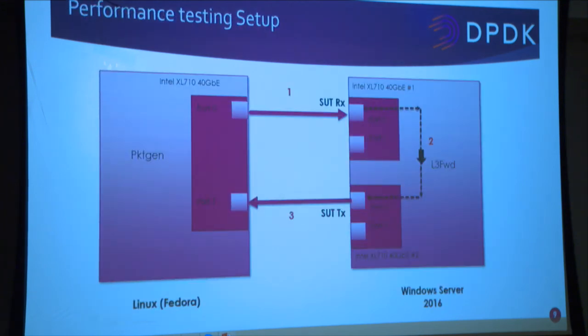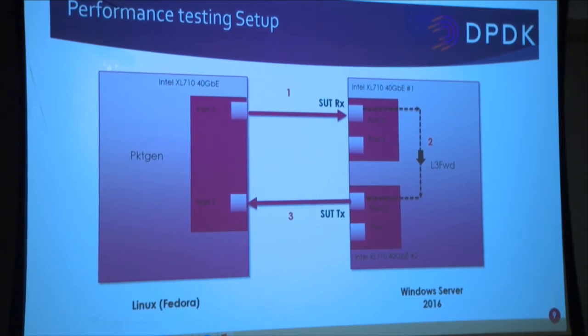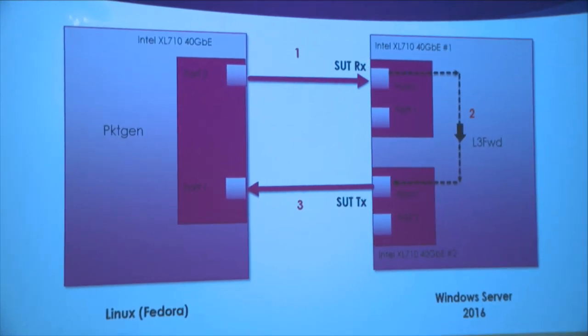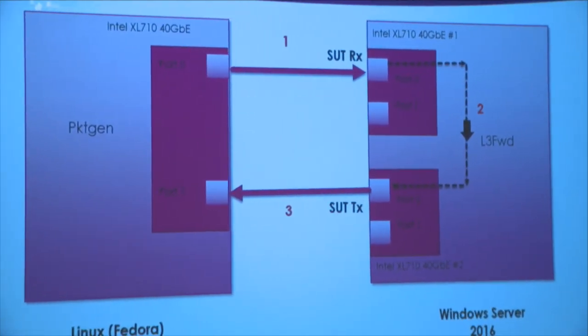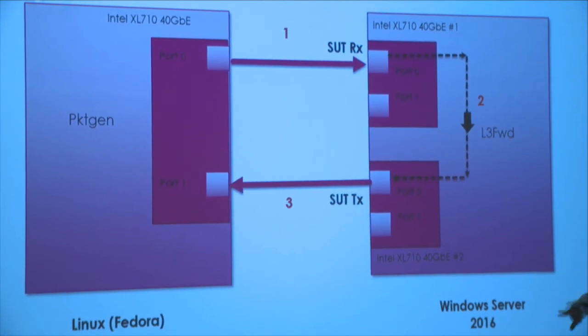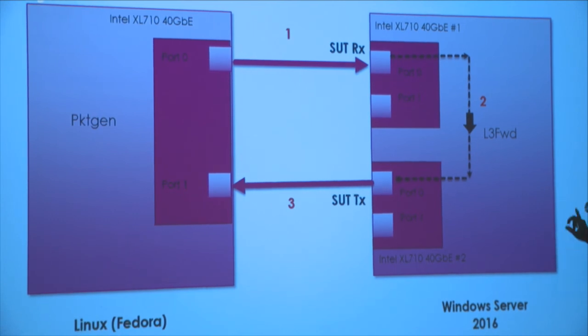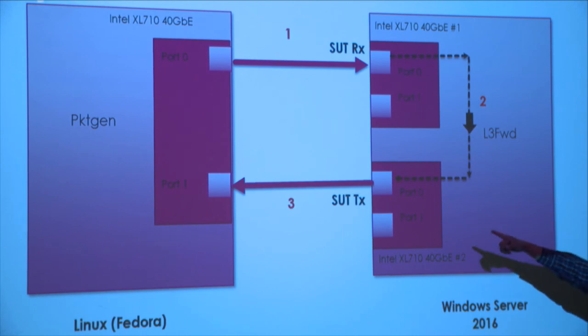So here's some of the performance setup we did, just to make sure that we can match what is seen on Linux. We had one system running PacketGen, the application that generates packets, counts packets and measures performance. That was running Fedora and had one Intel 40 gig NIC in it. We had another Windows Server system that had two 40 gig NICs in it. The reason for using two is to maximize performance, so that one port does the receive and one port does the transmit.